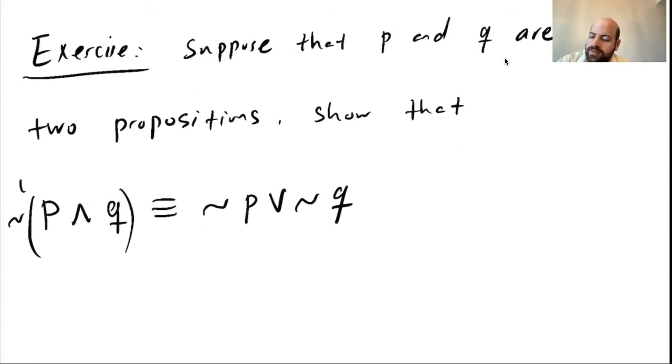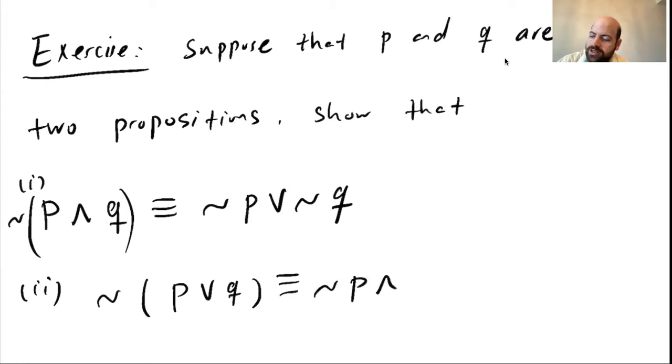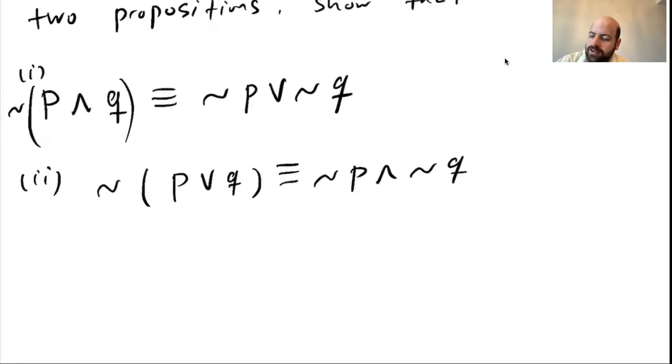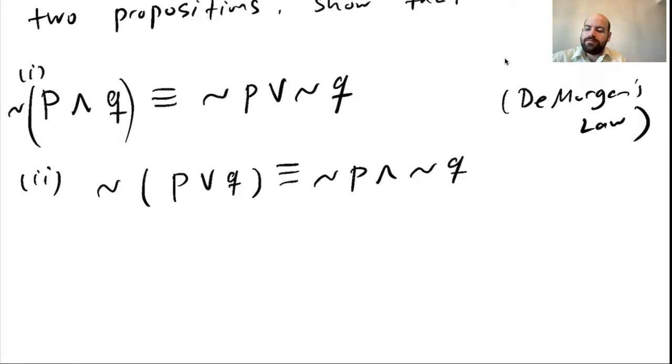And the second part is that the negation of P disjunction Q is logically equivalent with negation P conjunction negation Q. These are called De Morgan's laws.